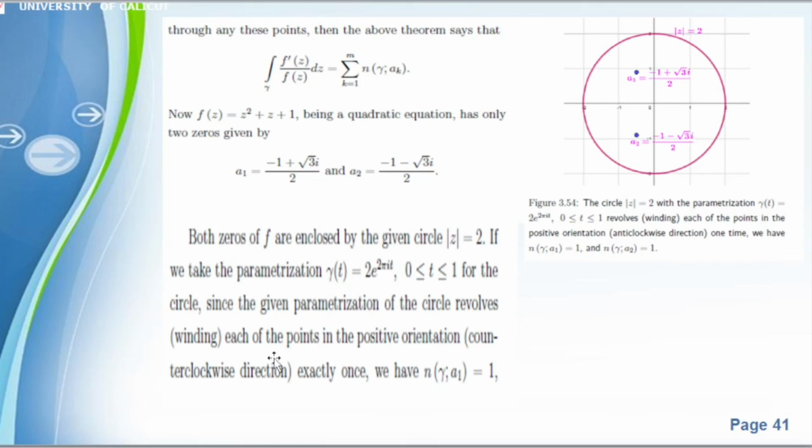So both the zeros lie inside the circle |z| = 2.